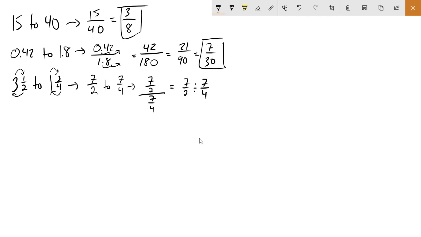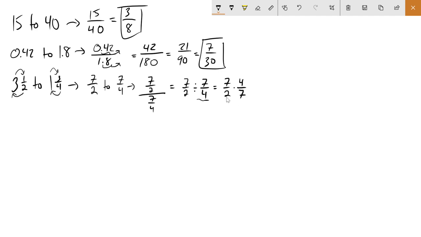But we really don't even divide fractions. We always do what? We multiply by the reciprocal. We flip the fraction that comes after it. So dividing by 7/4, we would rewrite as multiplication of 4/7. Then, first off, what's definitely going to happen here?